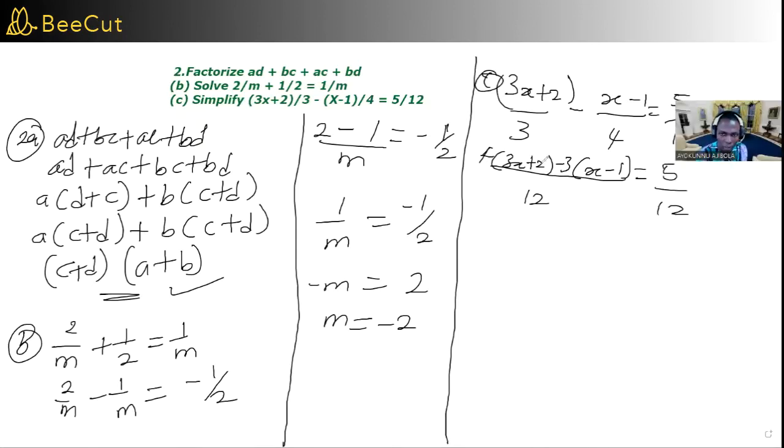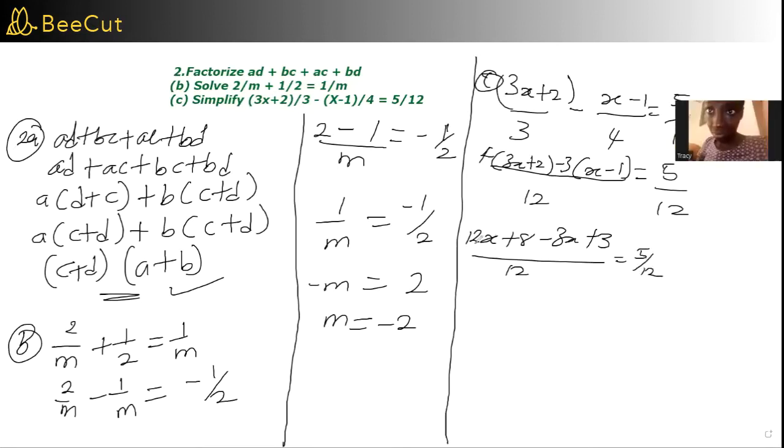So we can simplify the bracket first. 4 times 3x is 12x. So I have 12x plus 8 minus 3x plus 3, then this is over 12 equals 5 over 12. Then I can say 12x minus 3x is 9x. 8 plus 3 is 11.